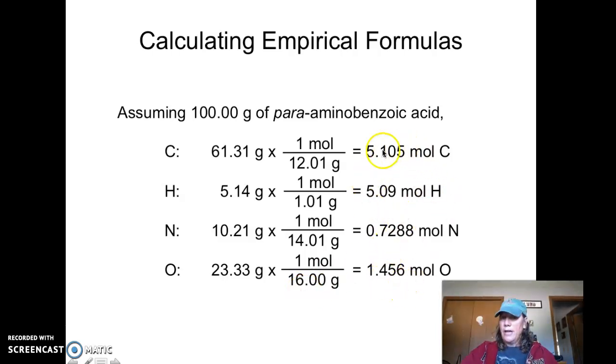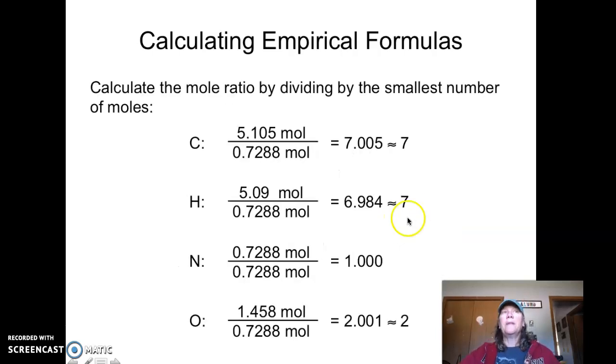But anyway, you take the number they give you and divide by their mass from the periodic table. And then these numbers, you look at them. Okay, here's my moles. I put the smallest number on the bottom, which would be this one. So I'm going to take this number divided by this number, and this number divided by this number, and this number divided by this number, which is going to equal 1. I don't need a calculator for that. So I did that on this slide. You take the individual you got divided by the smallest moles. So this 7.005, you can round that to 7. 6.984, you can round that to 7. Sometimes they don't work out. Sometimes they're like 6.5, and you can't round that to 7.